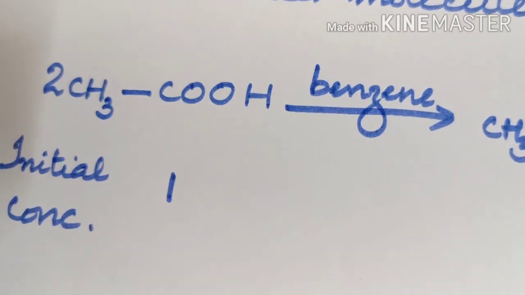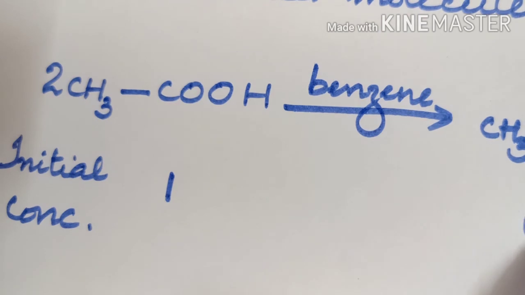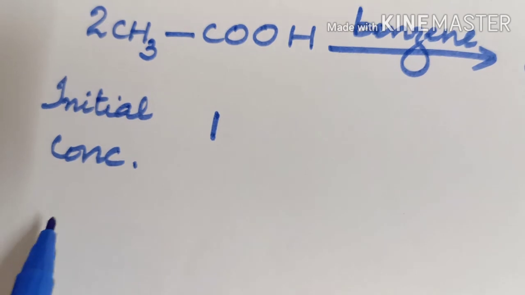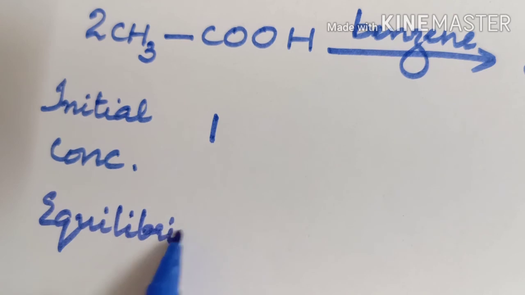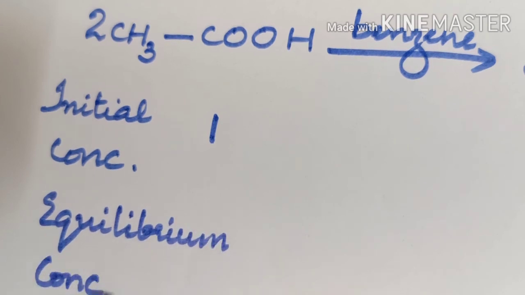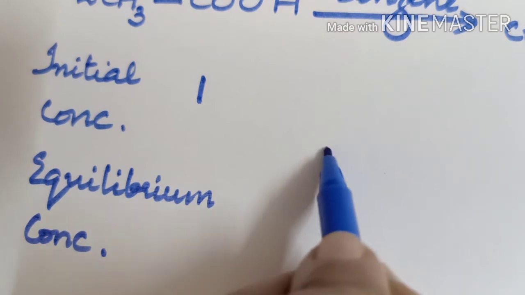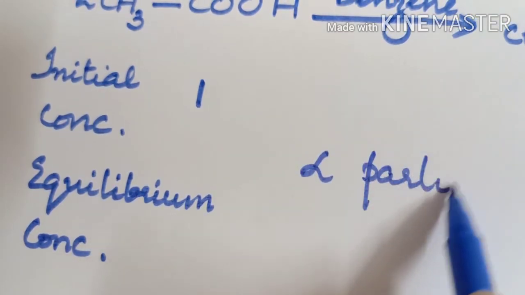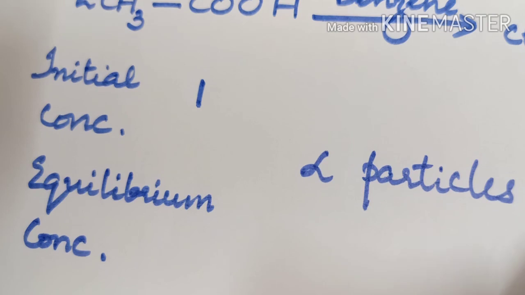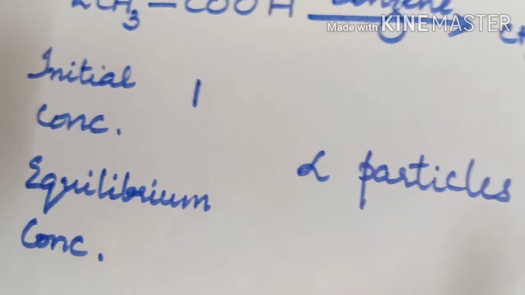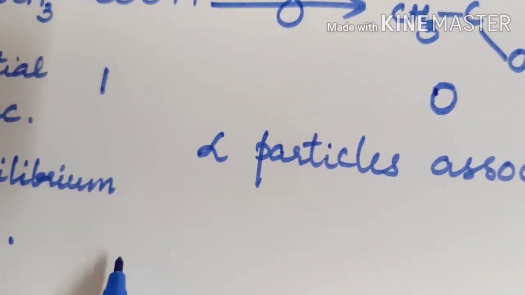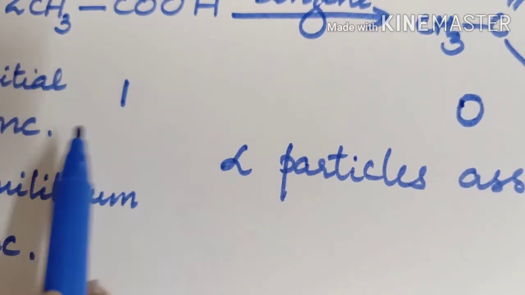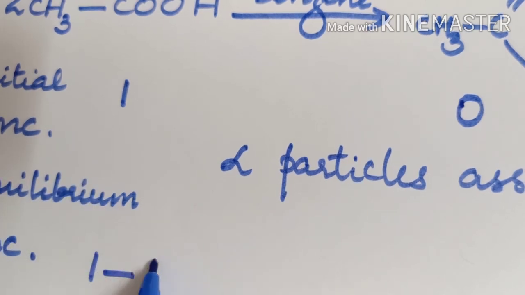The product has not been formed, so the value is 0 for the dimer, and after a time t at equilibrium concentration, if alpha particles associate together, you find that at equilibrium concentration, the concentration of acetic acid becomes 1 minus alpha.